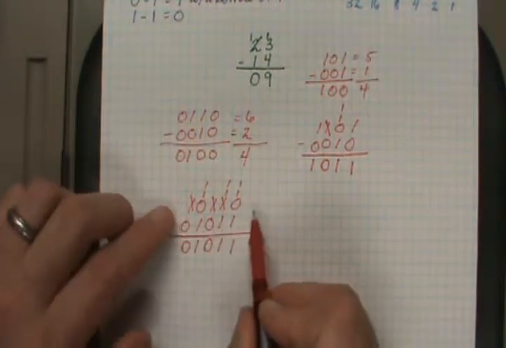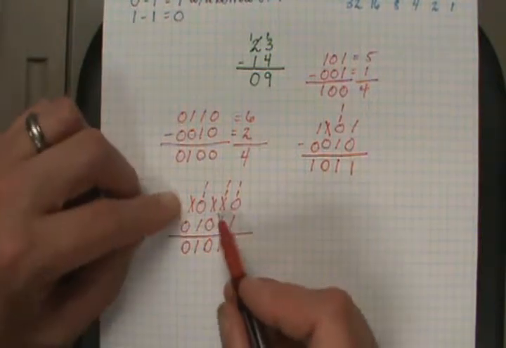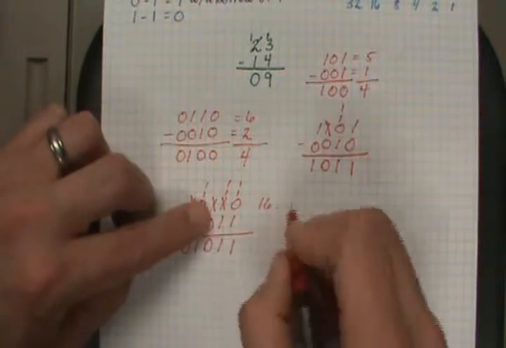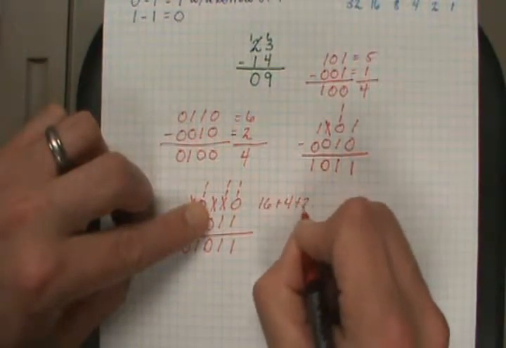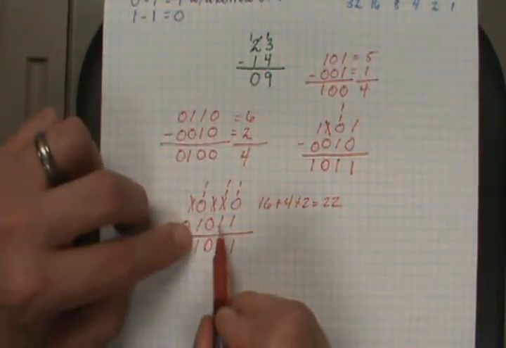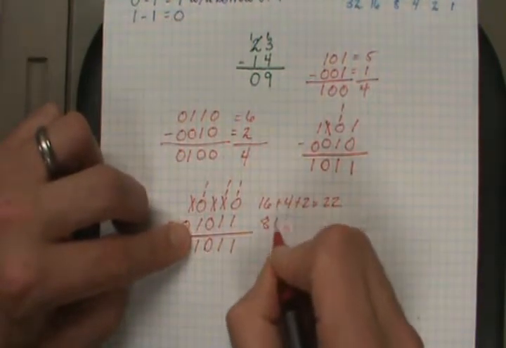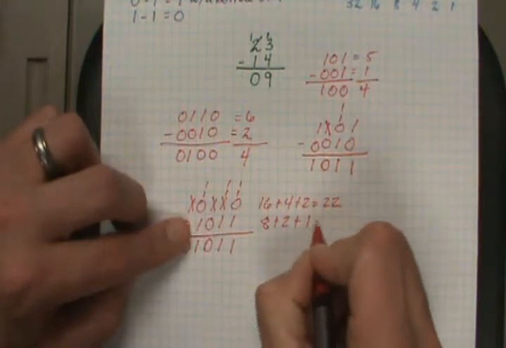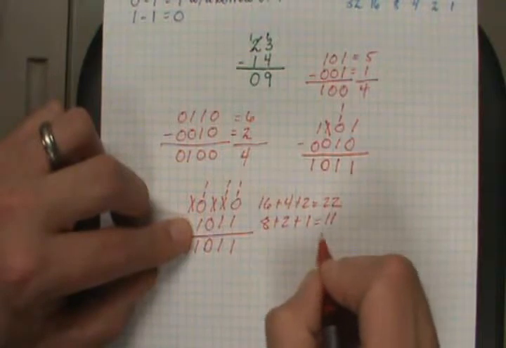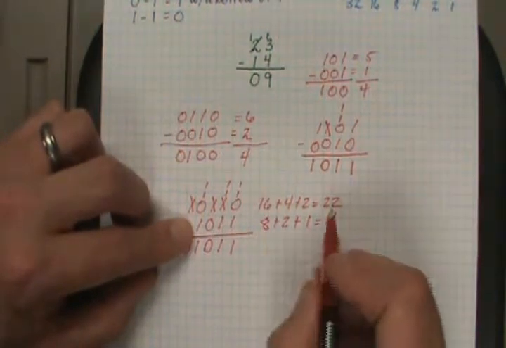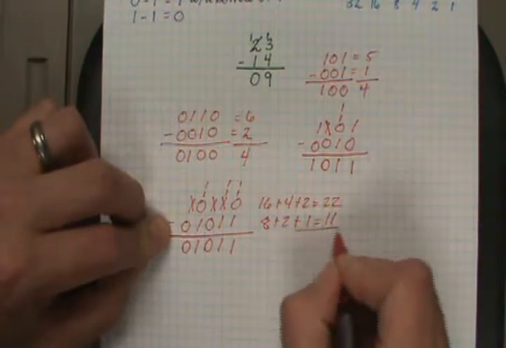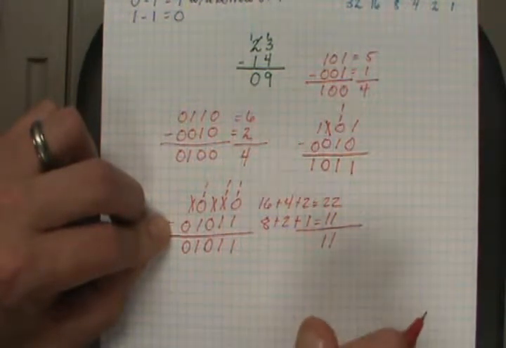So if we look back at the way it was originally established, we had 16 plus 4 plus 2. That equals 22. And over here we had 8 plus 2 plus 1, and we had 11. So it should have read 22 minus 11, which should render 11 as a result.